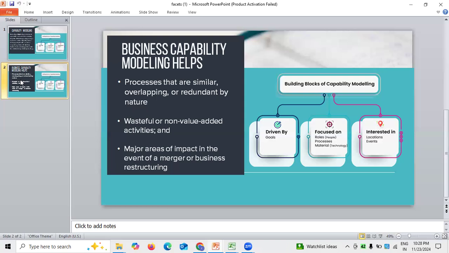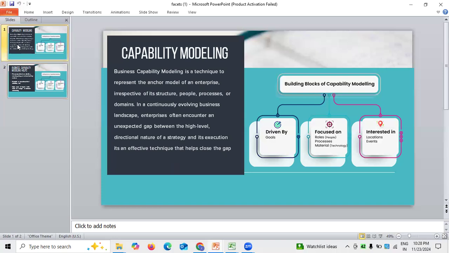Next, it must be interested in the kind of locations as well as the events for geographical expansion. Also, this is useful for business development at the next level, when we are moving our enterprise level transformation to the next level. So this is generally what business capability modeling is, one of the key techniques we normally use at the enterprise level in order to fill the gaps between the business landscape and enterprises in the long run.